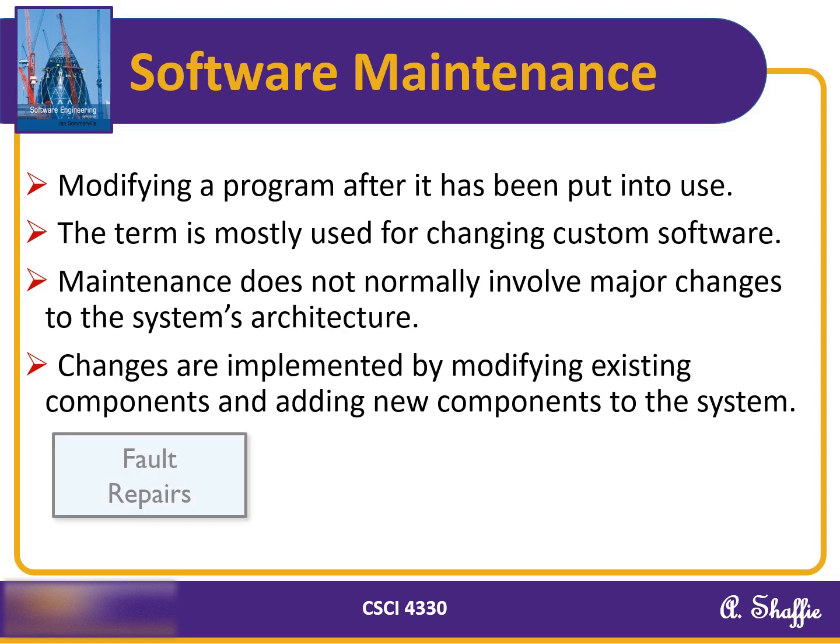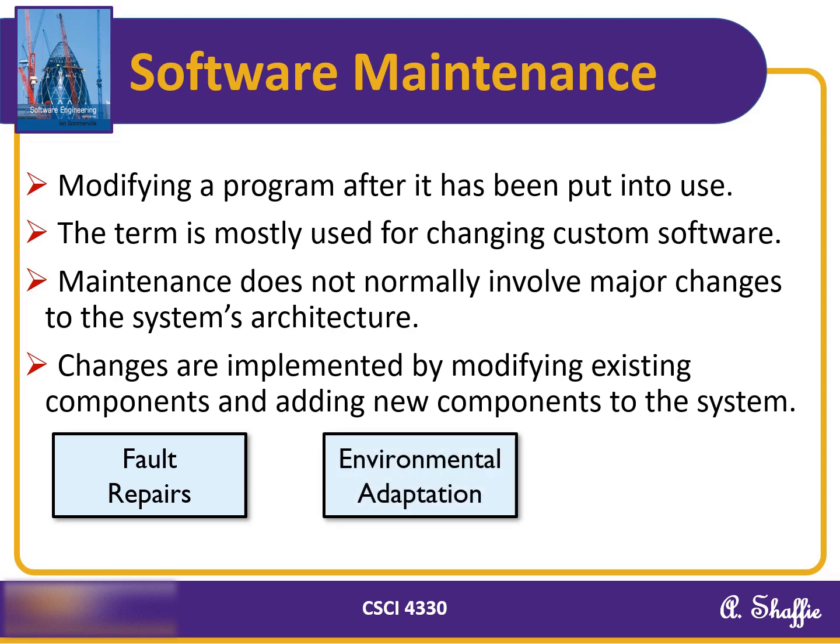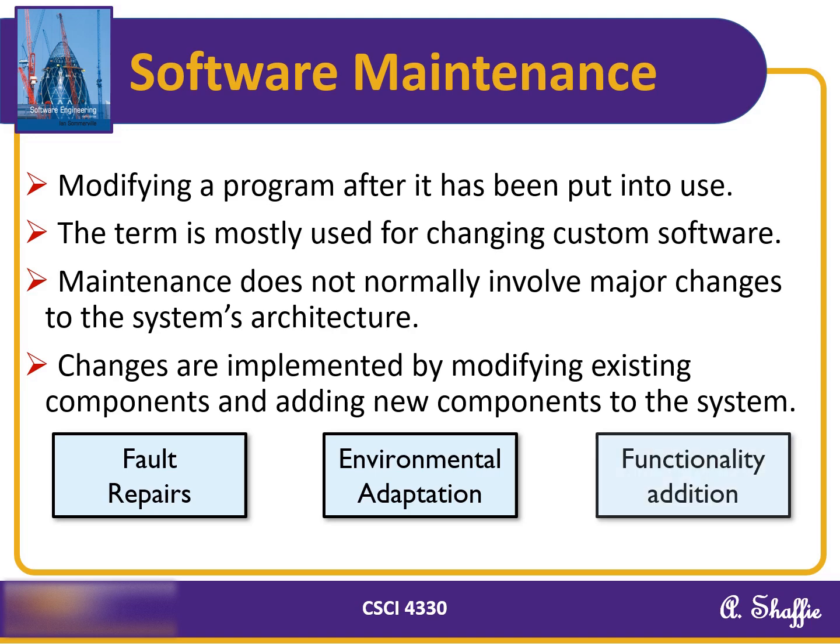The first one is fixing bugs, which is addressing errors or faults in the software. The second one is adaptation, which is making the software work on new computers, operating systems, or environments. And finally, adding new features, which is enhancing the functionality to meet new business requirements or user needs.